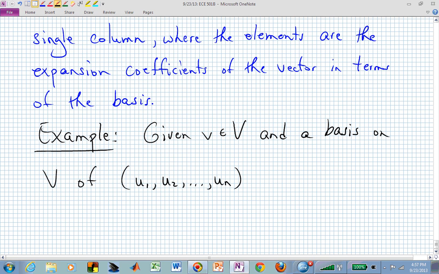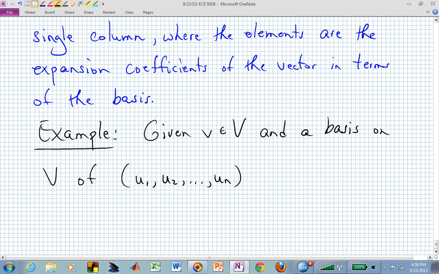It should be clear from context what we mean. U1 is a column. It's not just one element. U sub 2 is also a column, and it's the same size as the vector V. So if V is 5 by 1, all of these U's are 5 by 1. And those U's are a basis of V.